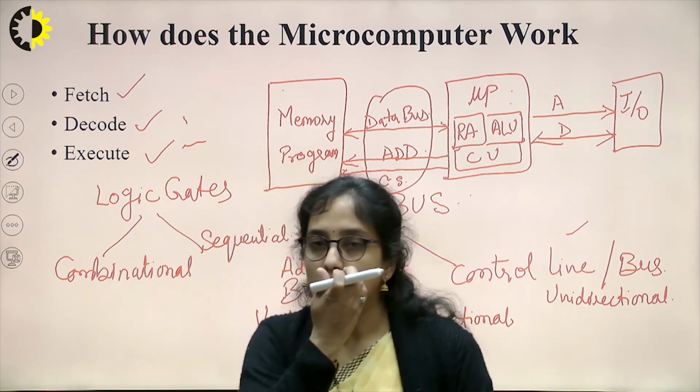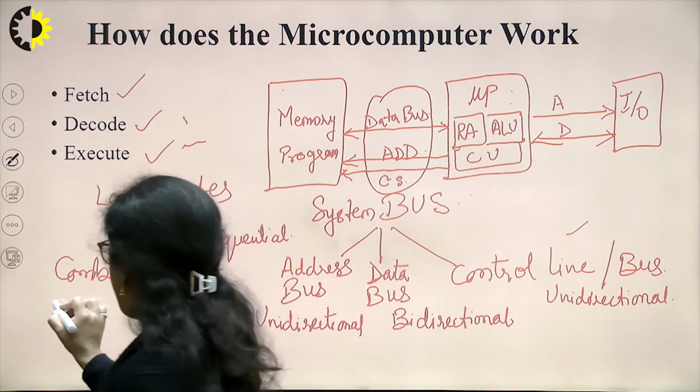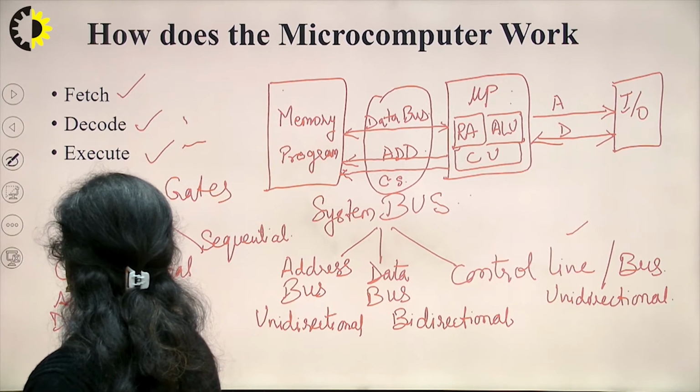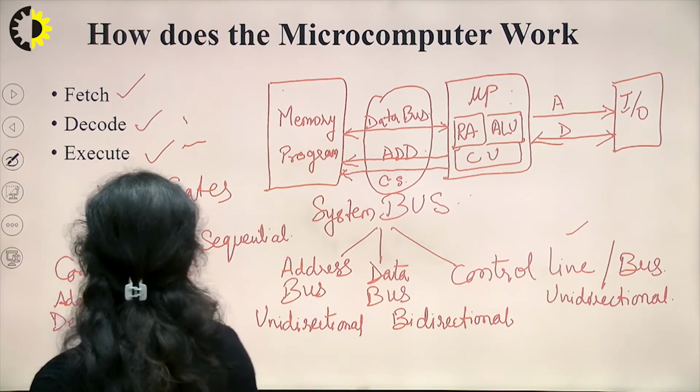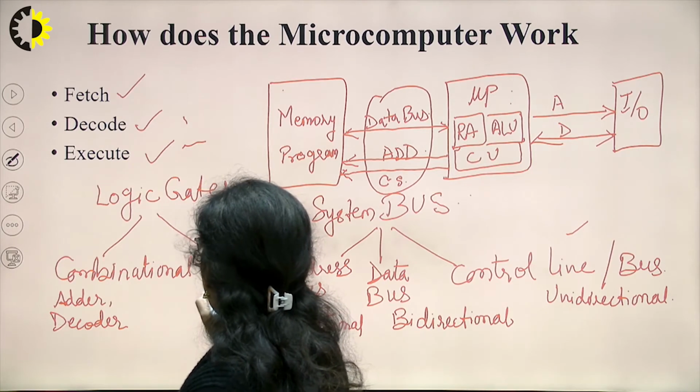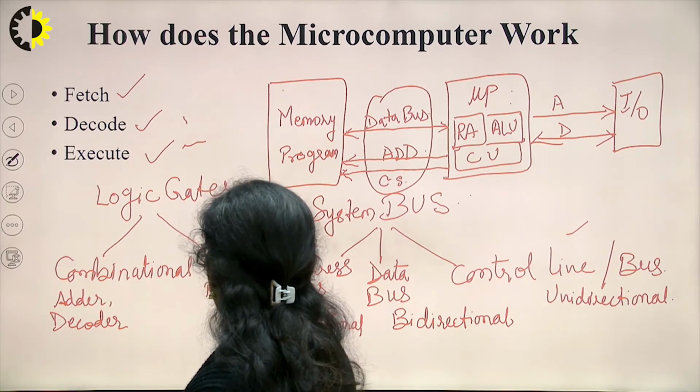Combinational circuits may be an adder, decoder. Sequential circuits may be flip-flops, registers, counters.